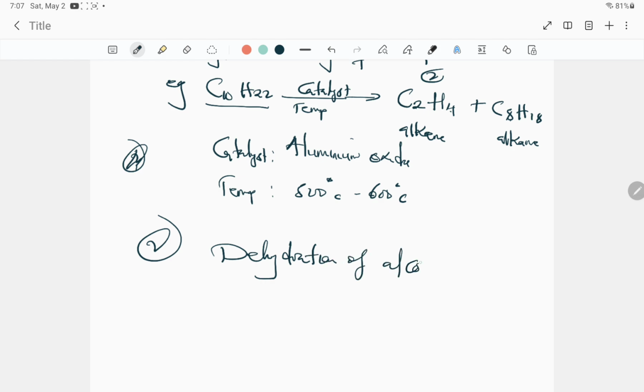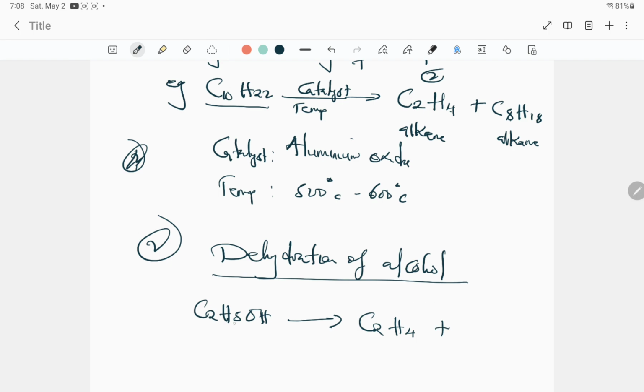In the previous video, we looked at hydration, where we added water to an alkene to form alcohol. Now we are dehydrating. If we have C2H5OH, this is ethanol. Ethanol can be dehydrated to form an alkene. We just need to remove water, so we get C2H4 plus H2O.